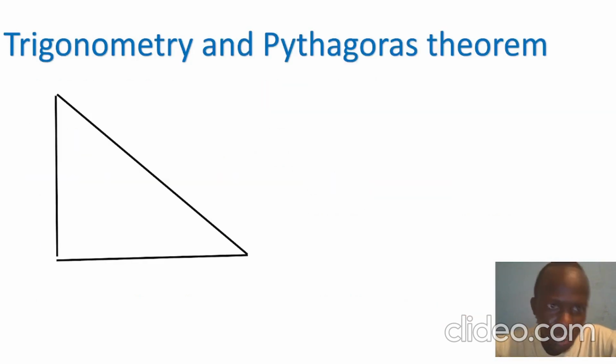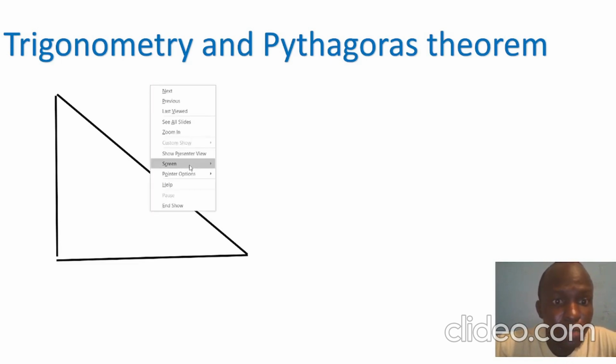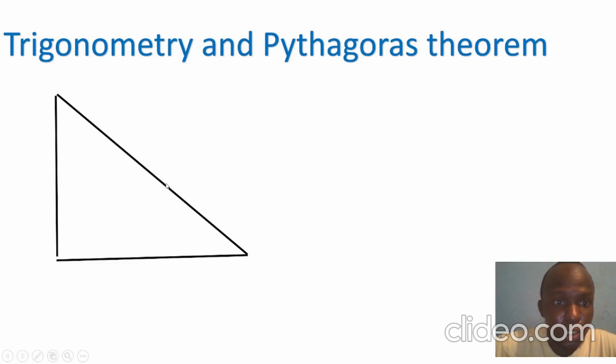On to trigonometry and Pythagoras theorem. I know most of us are familiar with this. As far as three-dimensional geometry is concerned, this has to be taken care of. So, a quick review of trigonometry and Pythagoras theorem is as follows.